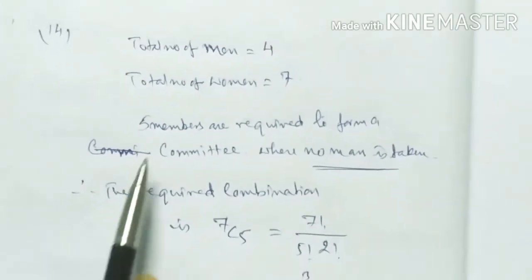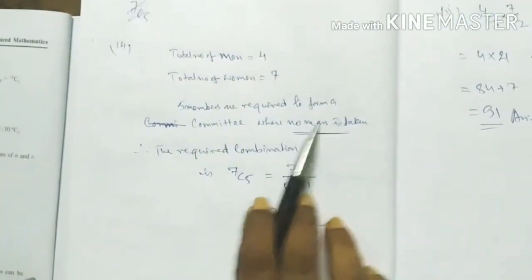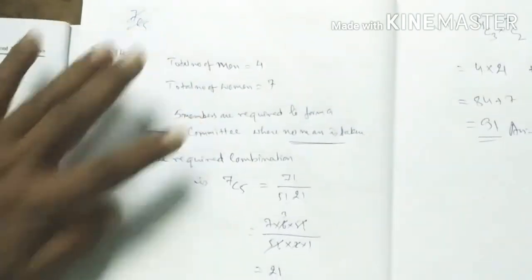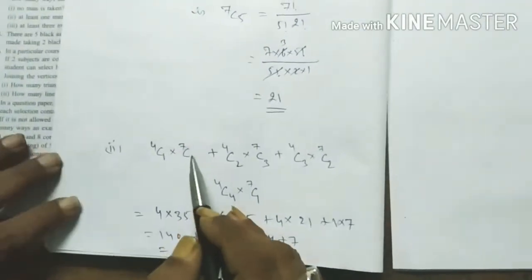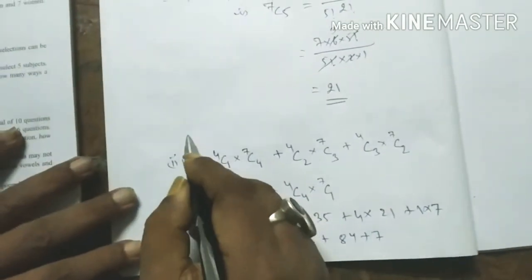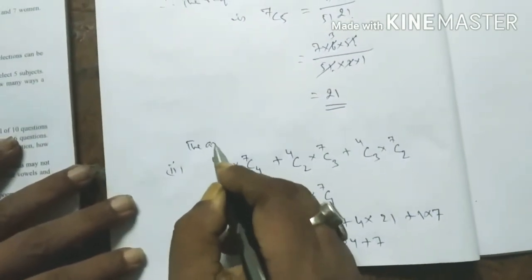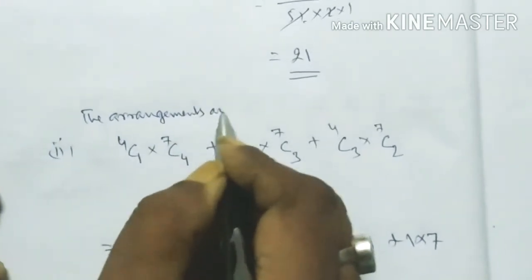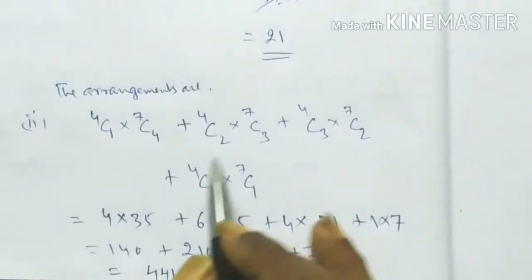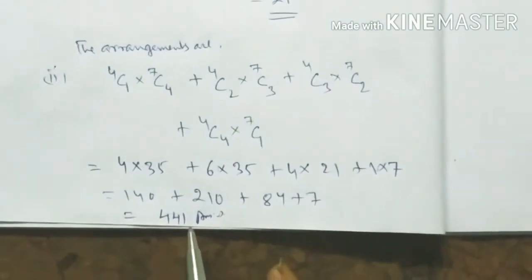So in the examination hall, you can write it in this way. You have to give the total number of men, total number of women, and 5 members are required at a time to form a committee. After that, you write the arrangements are 4C1 like this, and this is the answer.